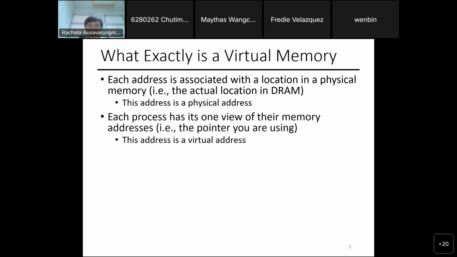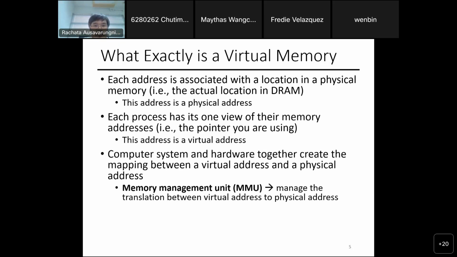A process is whenever you double click the program and it's running; it has its own view of its memory addresses. Things like the pointers you're using in a program are virtual addresses. The computer system and the hardware create a mapping between virtual addresses and physical addresses. I'll write VA for virtual address and PA for physical address. There's a mapping from VA to PA.